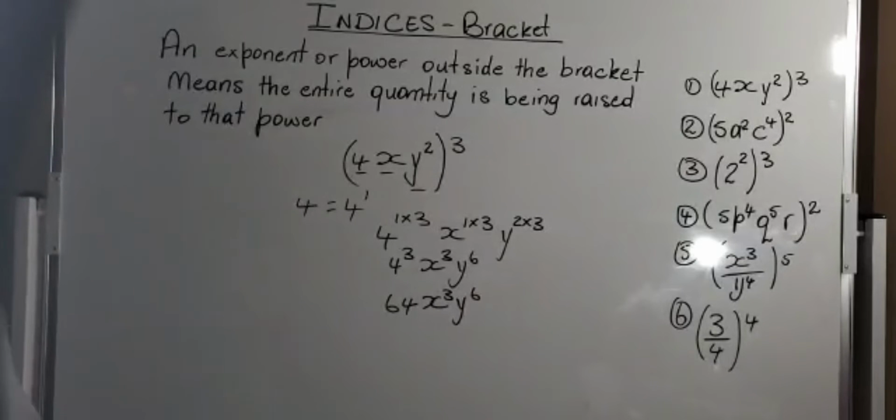Again guys, take a look at the example on the board. Again, what we need to do is to multiply the quantity inside the bracket by what is outside of the bracket.